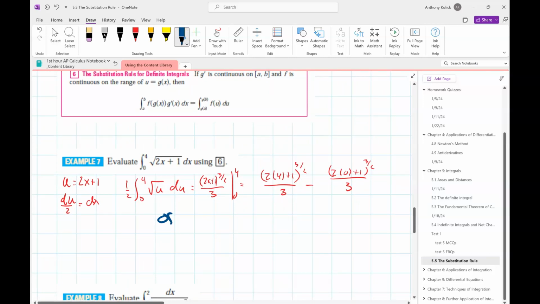Alternatively, I can update my bounds of integration.